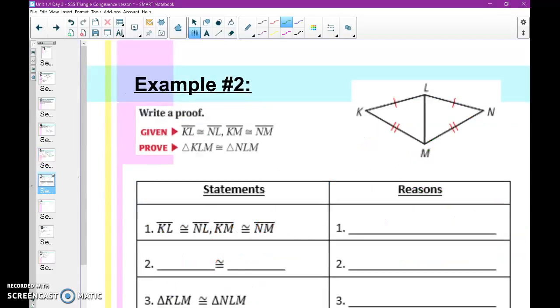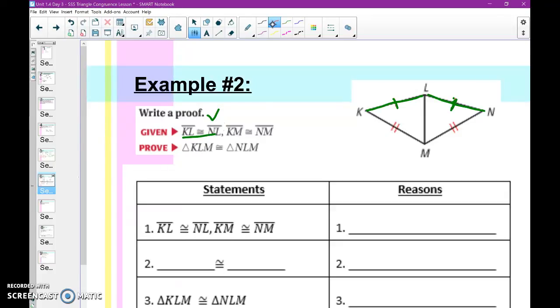So let's go into our actual proofs now. Remember we talked about you always start with the given, and you check the picture to make sure they actually wrote it in, because there's going to be a lot of times where that's not the case. So they tell us that KL is congruent to NL. So look in the picture. KL is here. They got one tick mark. NL is here. One tick mark. Boom. That one's already done for us.